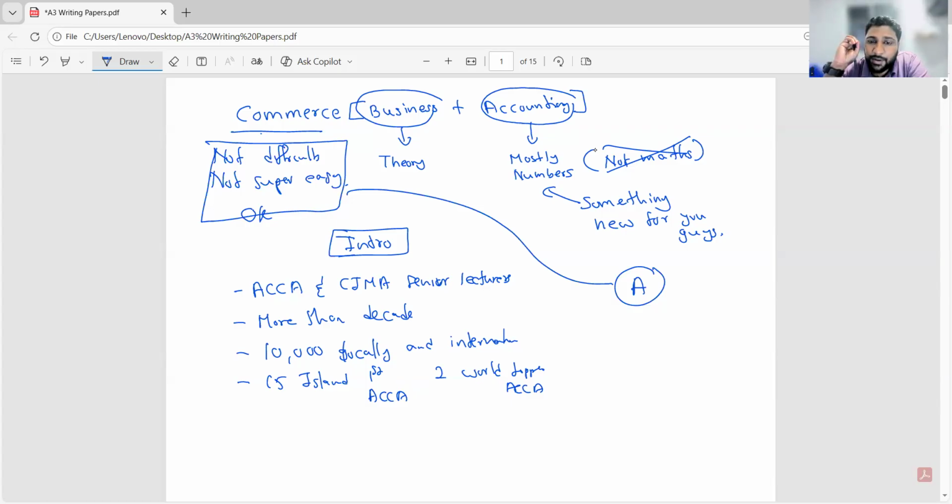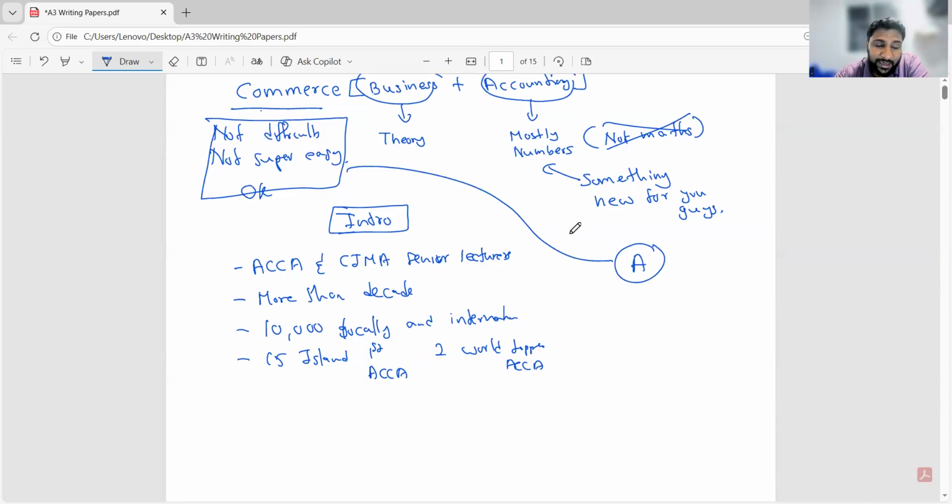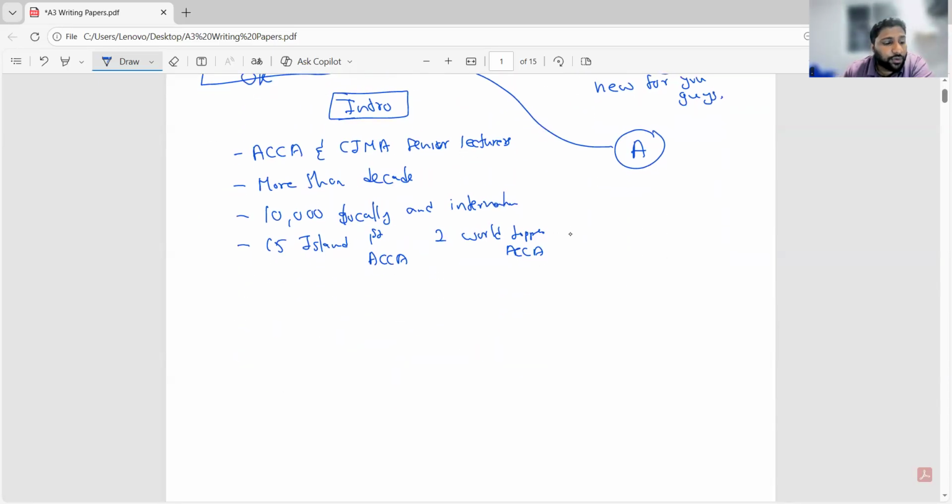I have a proper plan for this. What is the plan that I generally follow? If you want to be good in any subject, you have to be good in two areas. You should be good in the content, the syllabus, the subject idea, and you should have a very good idea about it.